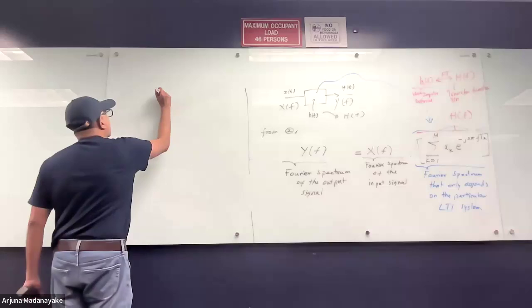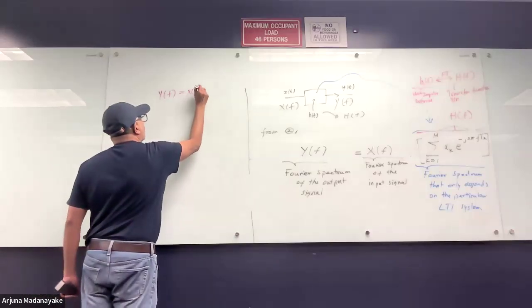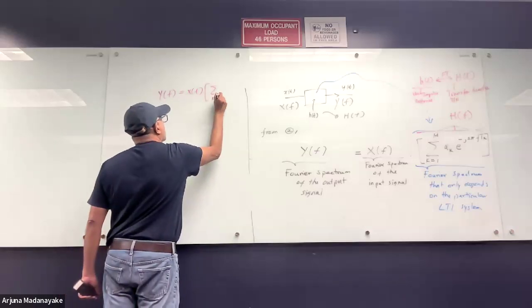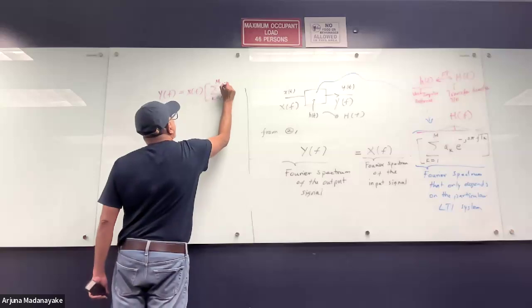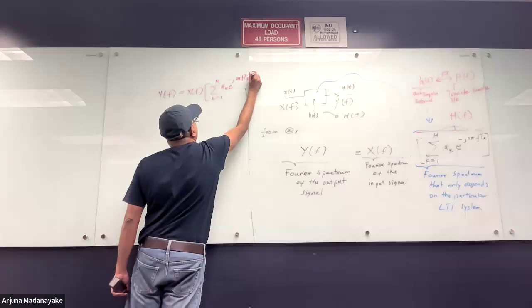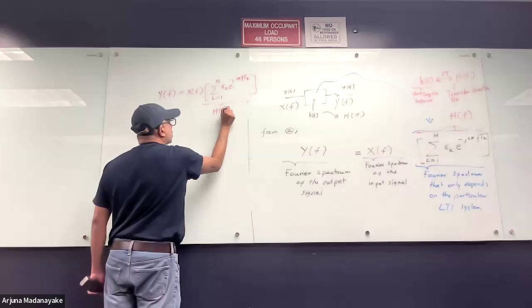So I have y of f is equal to x of f times sigma k equal 1 to m alpha k minus j 2 pi f. Okay, right? I call this guy h of f.